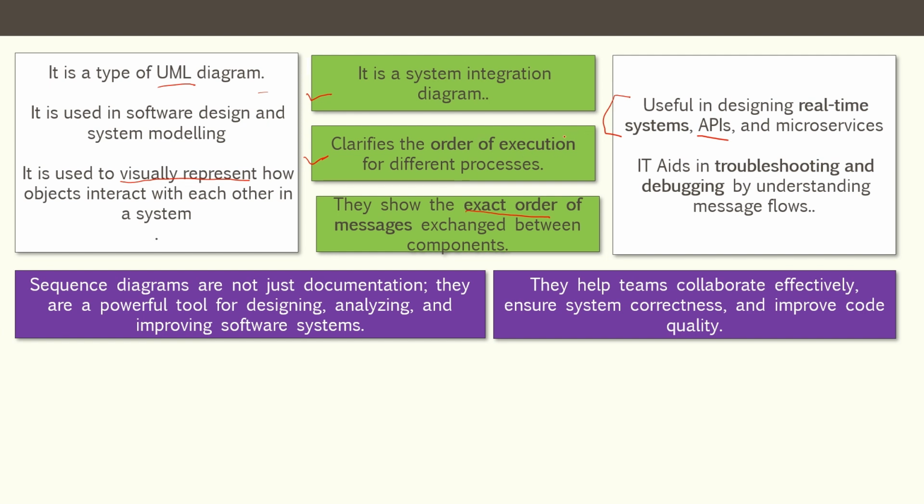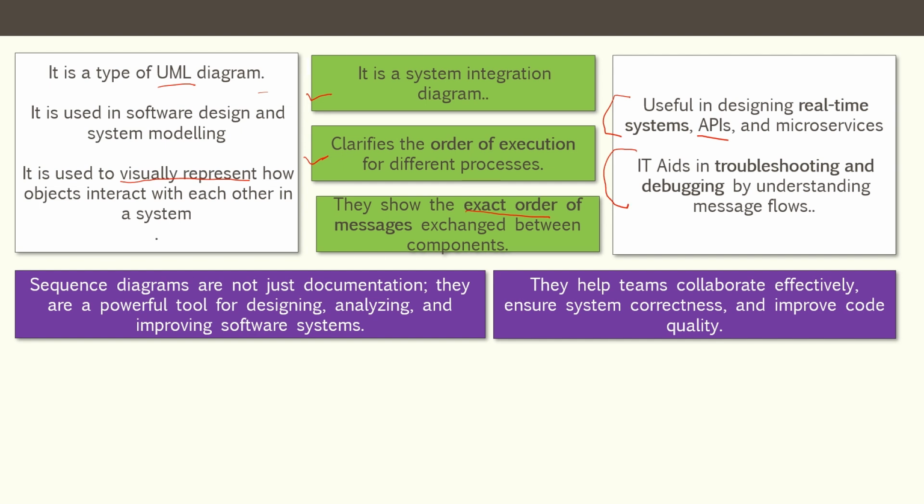Soon after building and hosting an application into an environment, if there are any issues or any changes required in the system or in the API, these sequence diagrams will be helpful for an IT developer to troubleshoot and debug the application by understanding the message flow between various components.